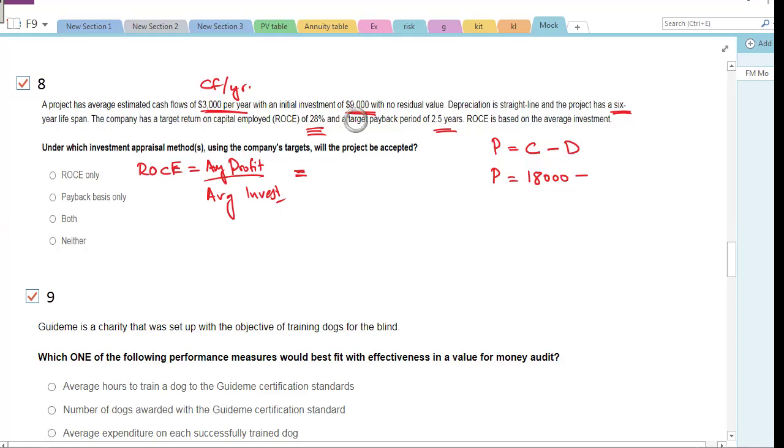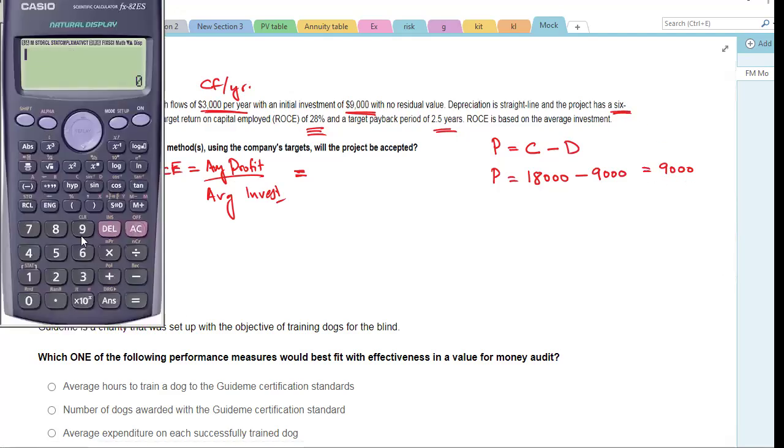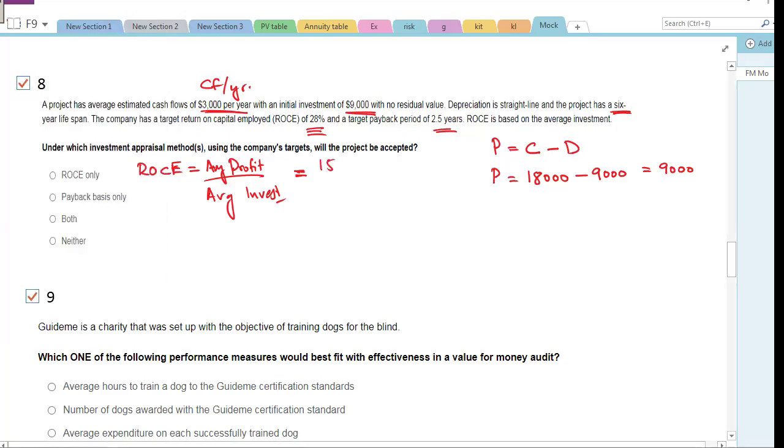Depreciation is investment minus residual value. Residual value is 0. So 9,000 minus 0 will be 9,000, right? So this is going to give us the profit of 9,000. But this is the overall profit, remember. We need the average profit. So the average profit will be this divided by the number of years. So 9,000 divided by 6 will give us 1,500.